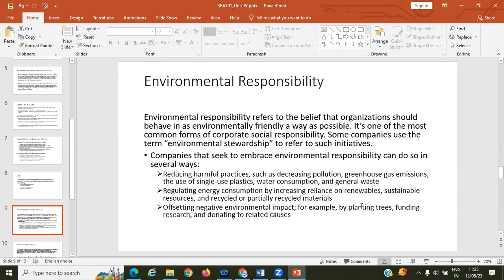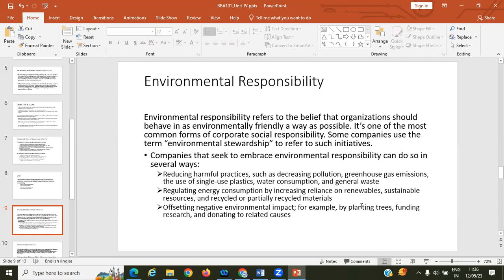So it could be through any means, by planting, by cleaning a water source, or by reducing recyclable items like plastic, reducing the plastic usage in your area.